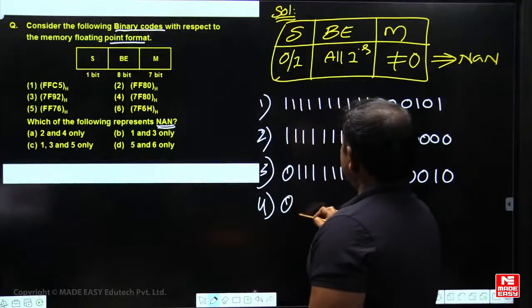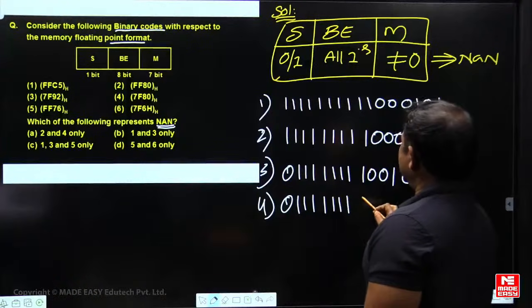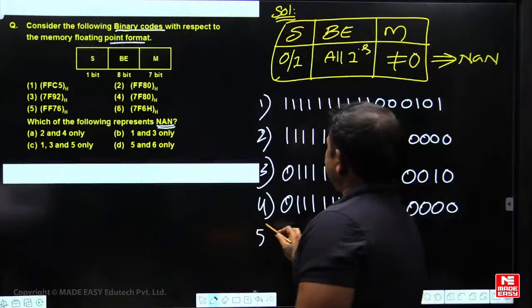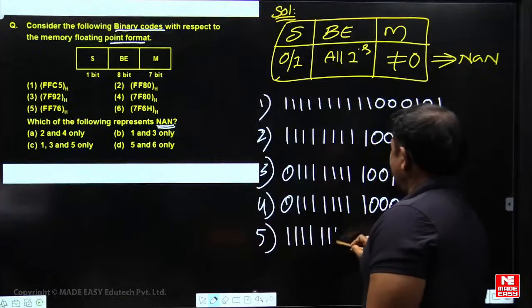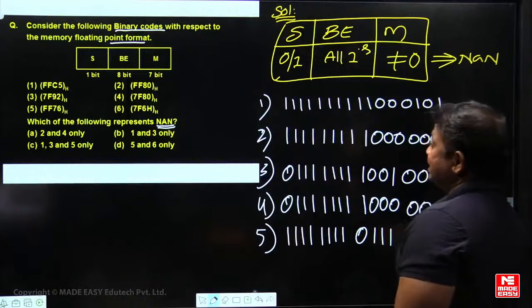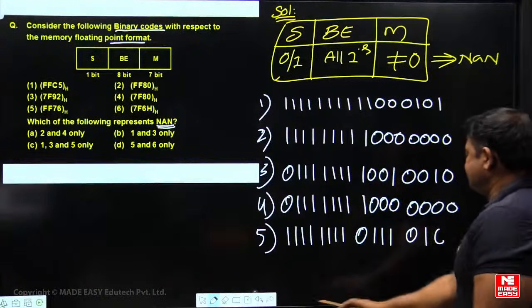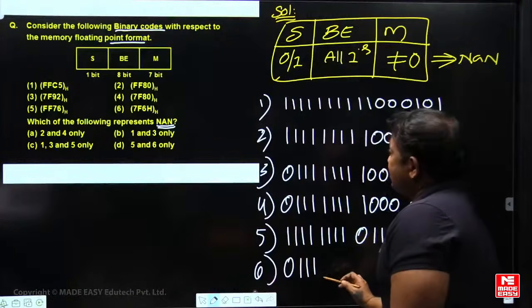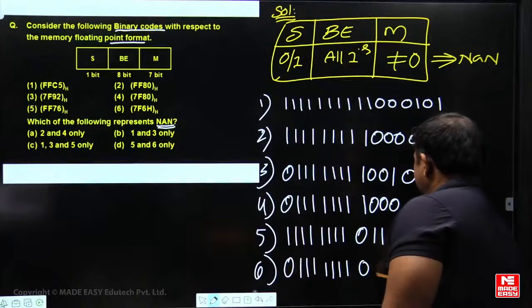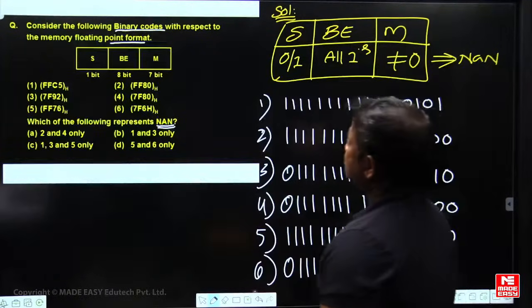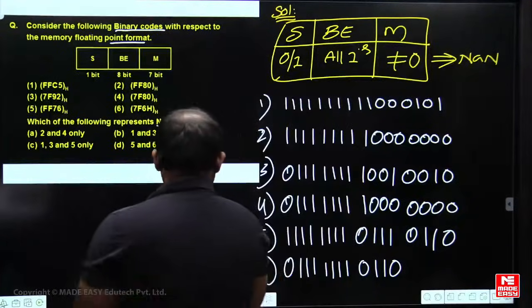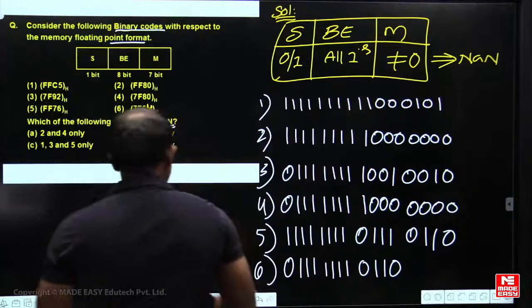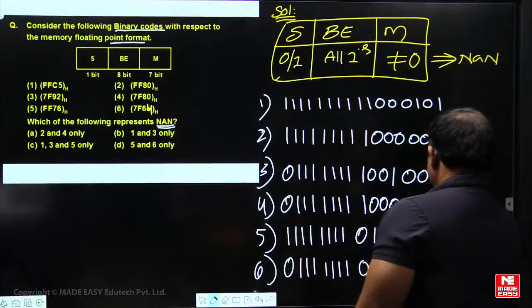Fourth one 7 0 1 1 F 1 1 1 8 1 0 0 0 0 0 5 F F 7 6 and 6 7 4 4 1 0.